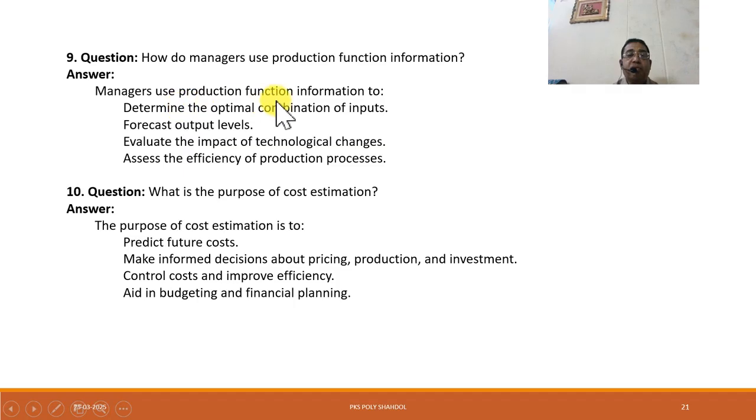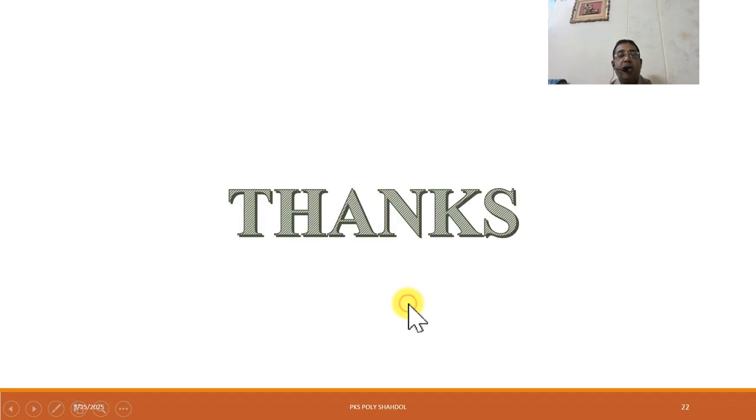Managers use production function information to determine the optimal combination of inputs, forecast output levels, evaluate the impact of technology changes, and assess the efficiency of production processes. Question number 10, what is the purpose of cost estimation? The purpose of cost estimation is to predict future costs, make informed decisions about pricing, production and investment, control costs and improve efficiency, and aid in budgeting and financial planning. Okay, thank you.